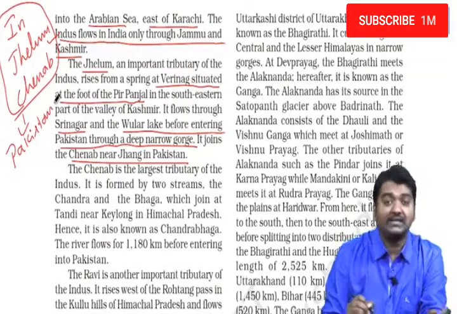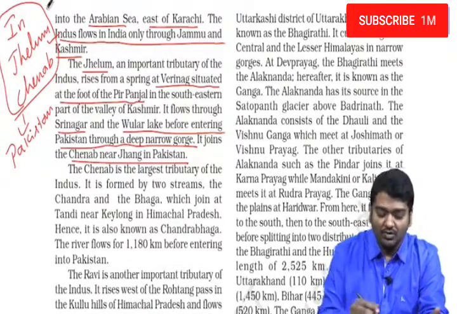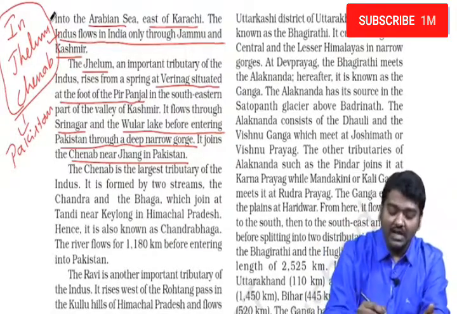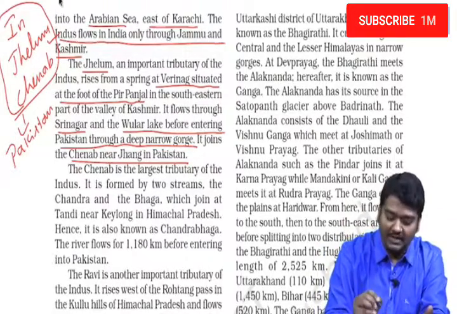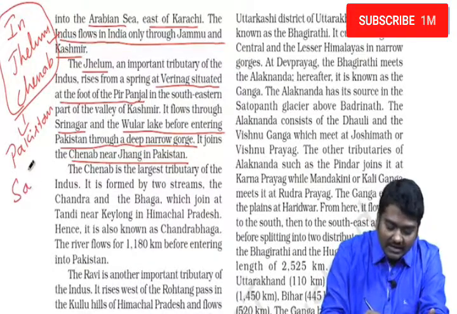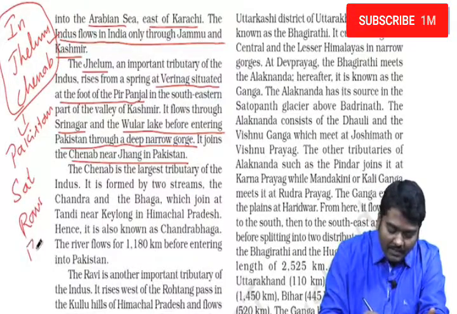Indus river has Indus plus 5. So 3 west flowing rivers or north flowing rivers are usually given to Pakistan, whereas 3 east flowing rivers, that is Satluj, Ravi and Beas, are part of India.